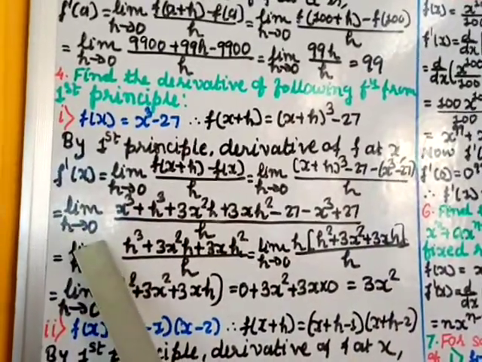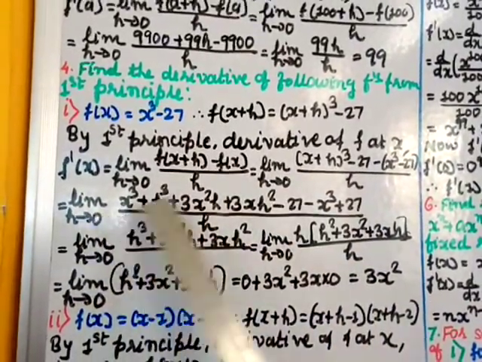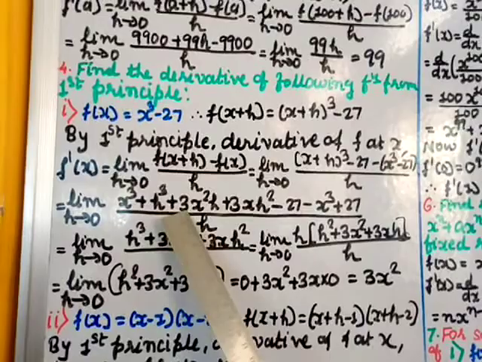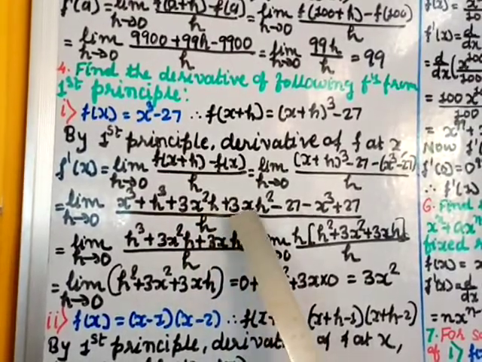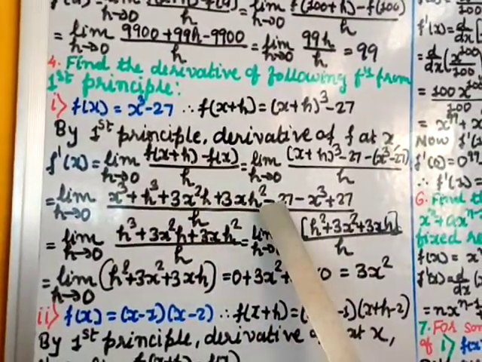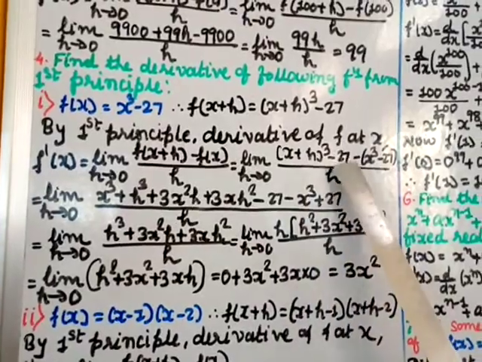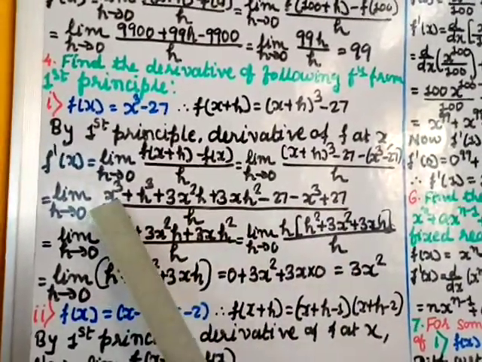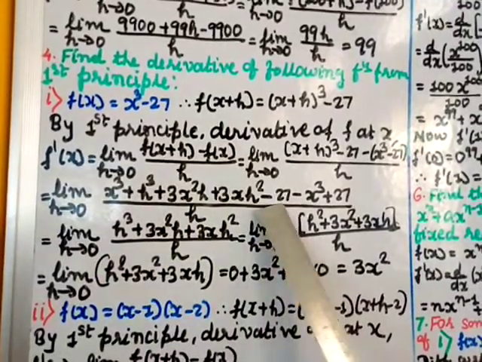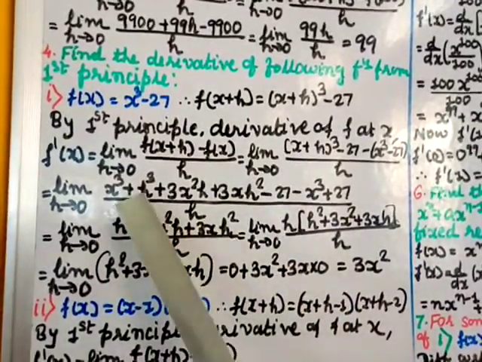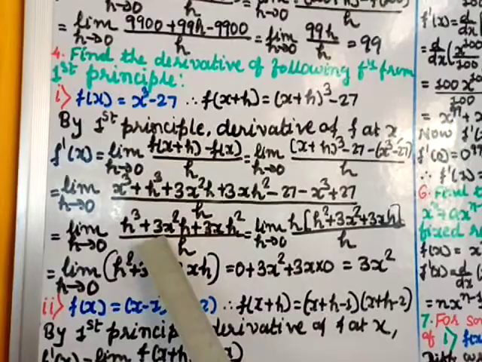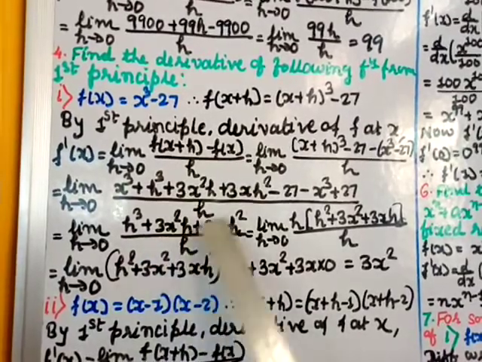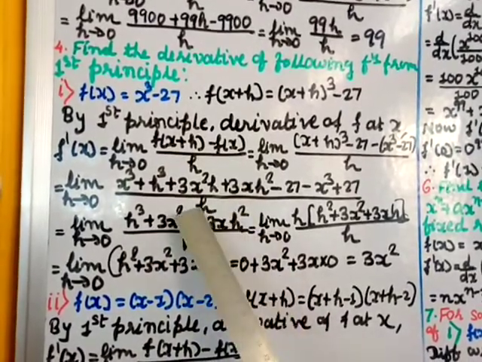So limit h tends to 0, x cube plus h cube plus 3 times x square h plus 3 times x h square minus 27 minus x cube plus 27. The x cube cancels, minus 27 plus 27 cancels. So what remains here is h cube plus 3x square h plus 3x h square, divided by this h.